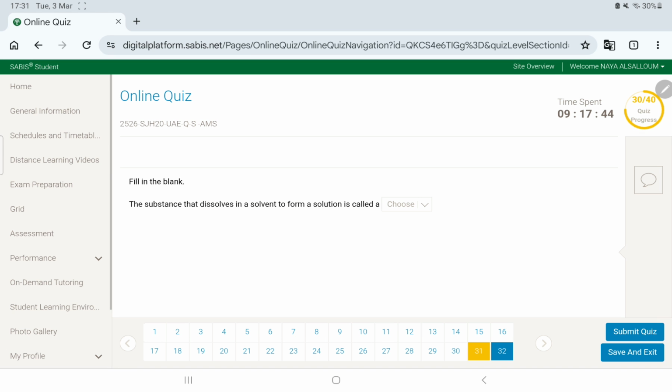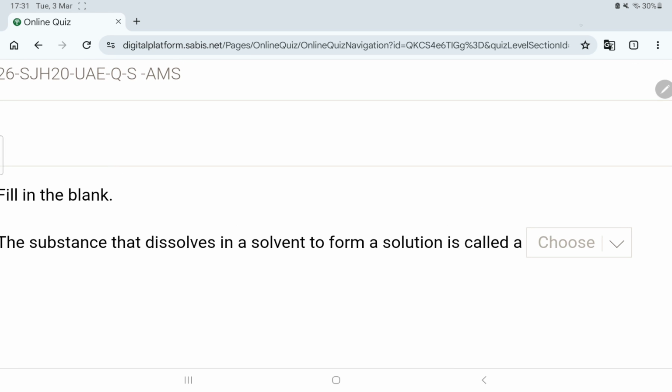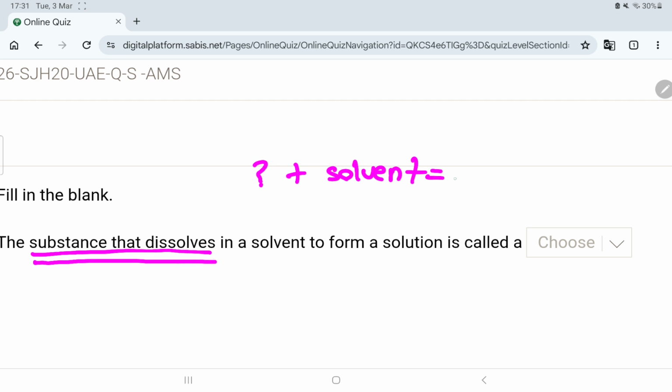Let's see question 31. Okay, once again, guys, I keep telling you, the substance that dissolves in a solvent to form a solution. So something plus solvent gives us a solution. What's missing? The solute.